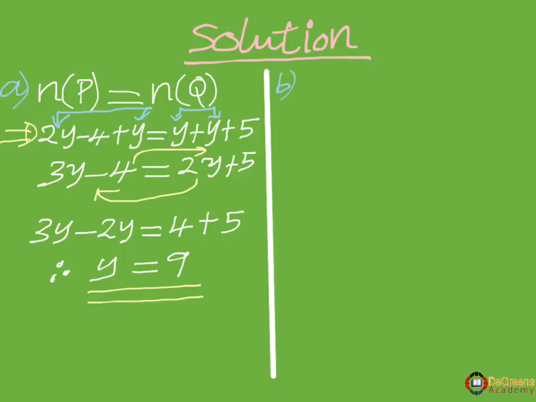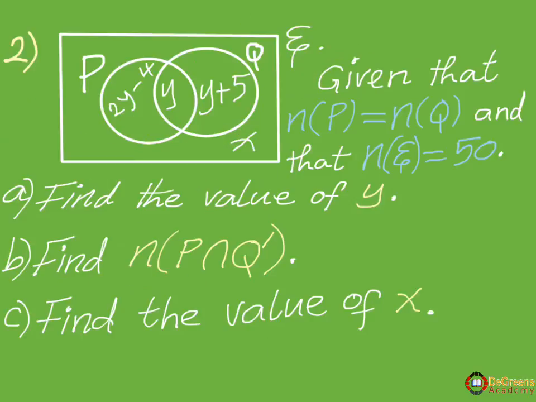In the B part of the question, we are asked to find the cardinal number of P intersection Q complement. So looking at the diagram, P intersection Q complement is simply the region containing 2y minus 4.